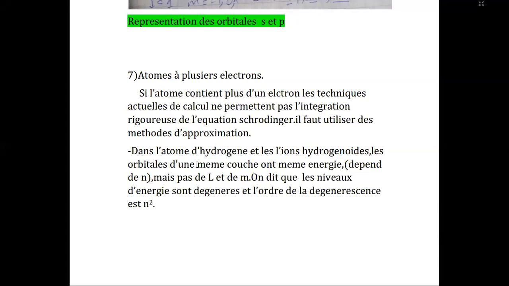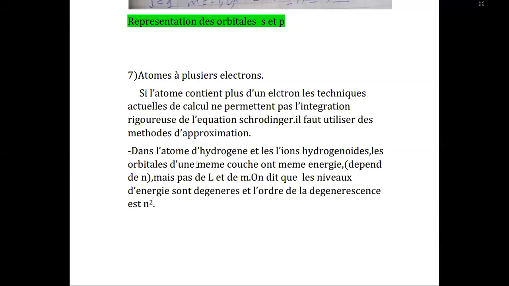So those found in the same room have the same energy, which depends on n, but not on L and M. So it depends on the shell.